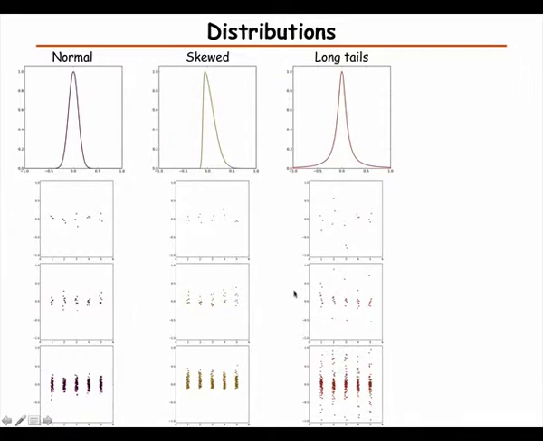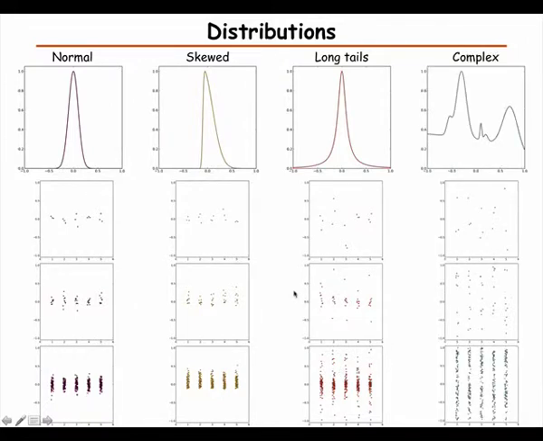And then the 4th distribution we're going to look at is a complex distribution with a lot of peaks. And we can select samples from here, and we're going to also calculate the different statistics on this complex distribution just as a comparison.